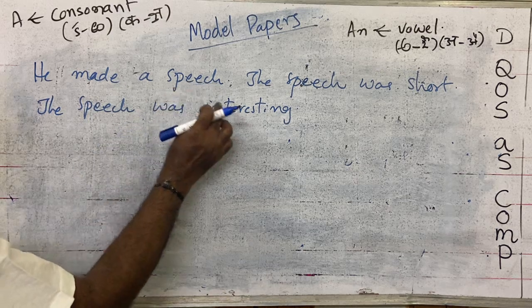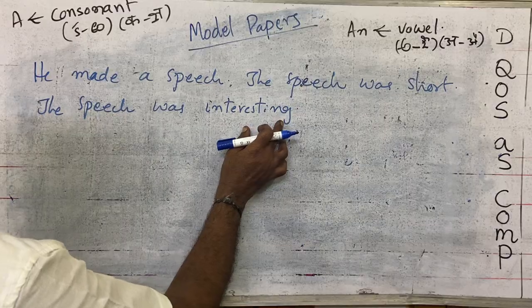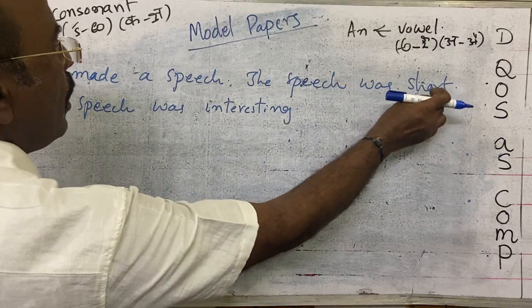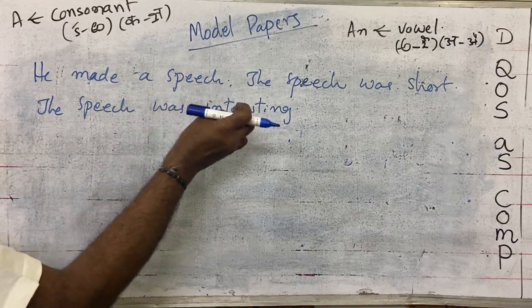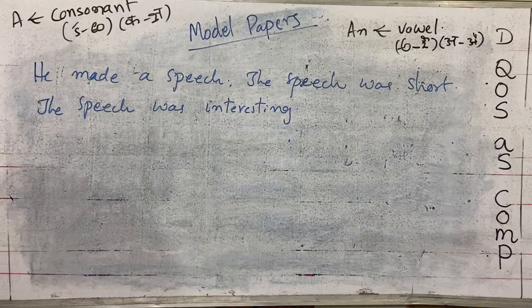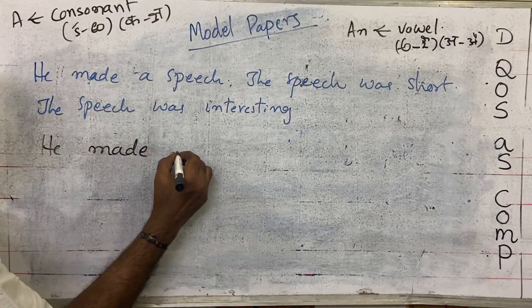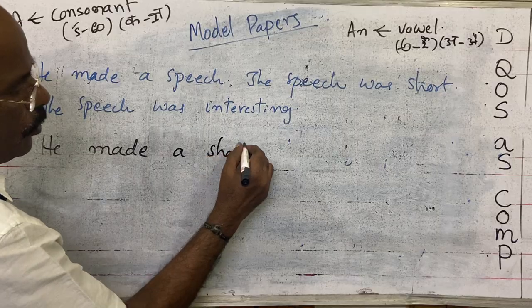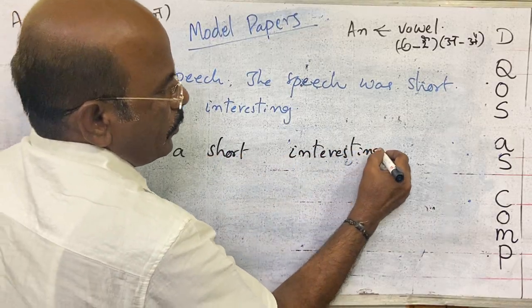How is the speech? Interesting. Is it short or long? Short. So, short, interesting speech. Before this short sound, it is coming A. So he made a short, interesting speech.